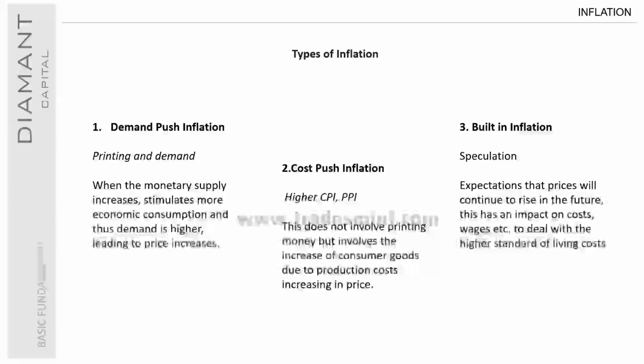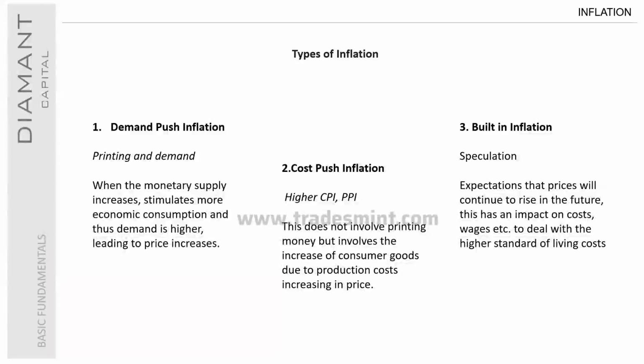So the third type of inflation is built-in inflation. This is mainly due to speculation. So expectations that prices will continue to rise in the future. This has an impact on costs, wages, and so on, to deal with a high standard of living costs. So with speculation, for example, right now the Fed are expected to be tapering assets, right?